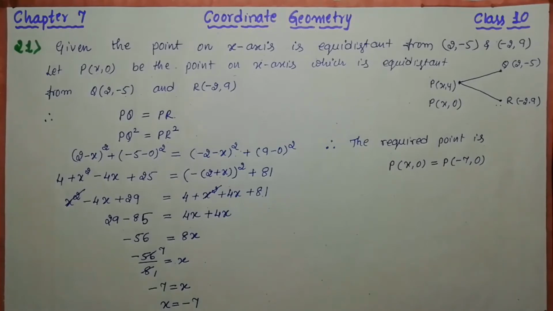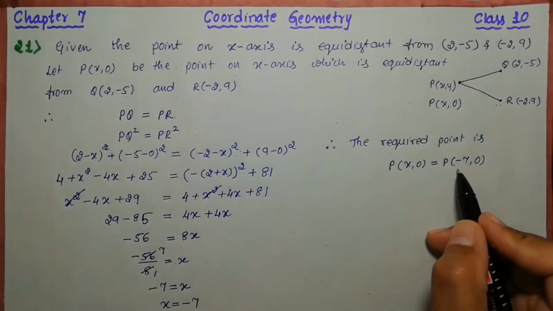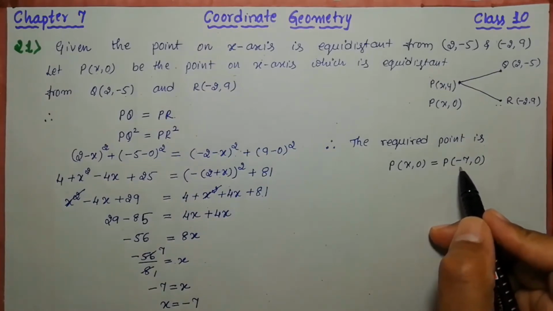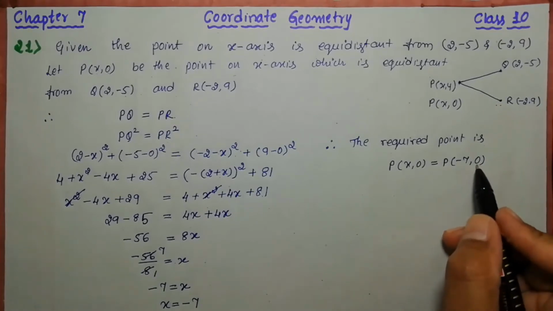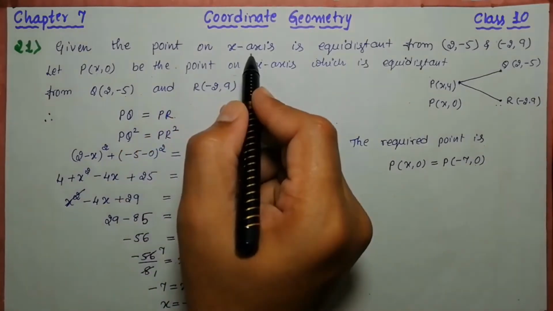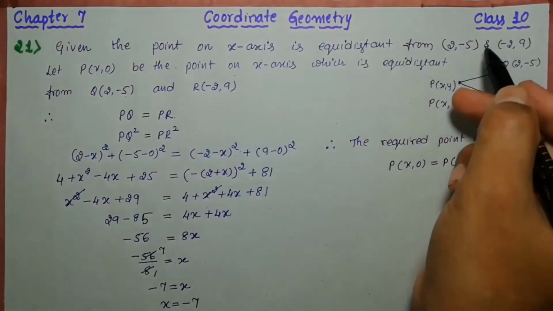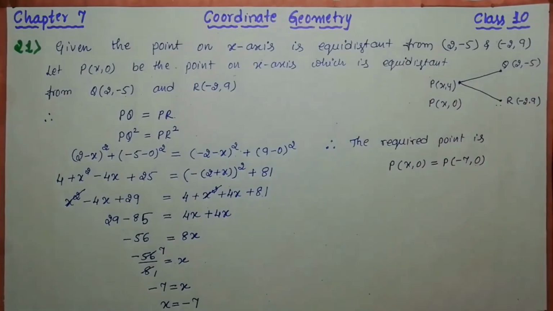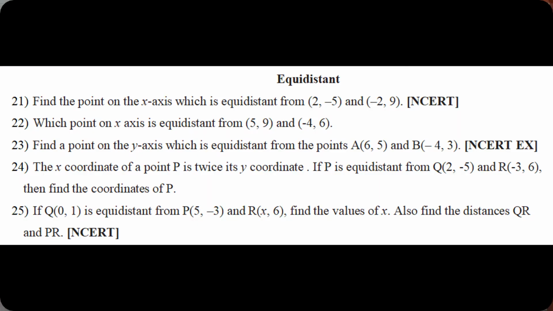Remember, the sign of that variable may be positive, negative, zero, fraction, whatever it may be, because it is actually a coordinate. So that's why it is negative now, so I write it as it is, minus 7 comma 0, and the y coordinate is already 0. Now we have got the x, so we have found the point on the x-axis which is equidistant from these 2 points. That point is minus 7 comma 0.